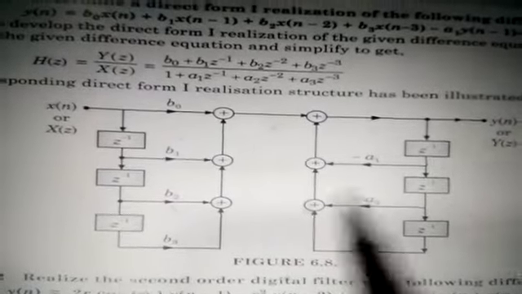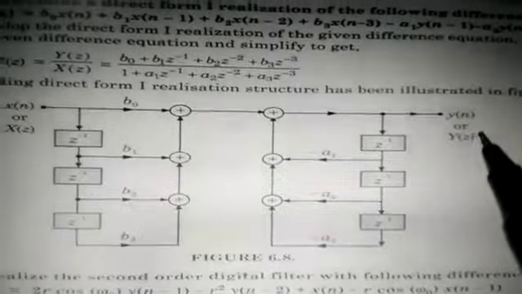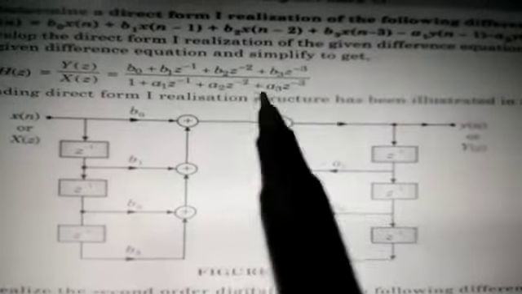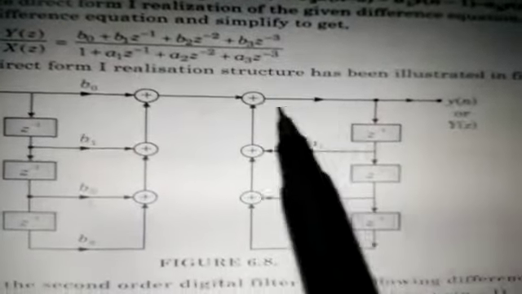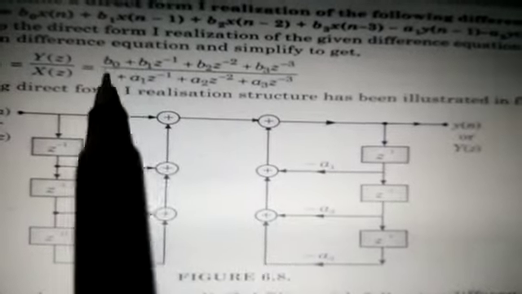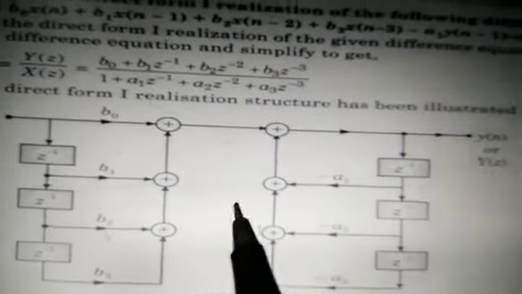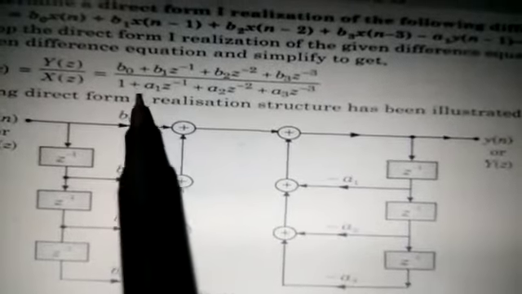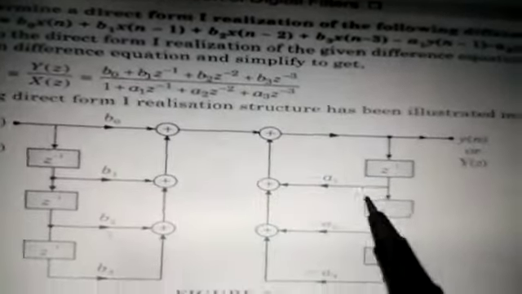The left side is zeros and the right side is poles. Here you can show the output y(n), and these are the coefficients of the output y(n). Here you can see a1 z inverse. This upper line represents 1, so this is 1 plus z inverse into a1. But along with this a1, you have to put the minus sign, because if we cross multiply here, we will get the minus sign.